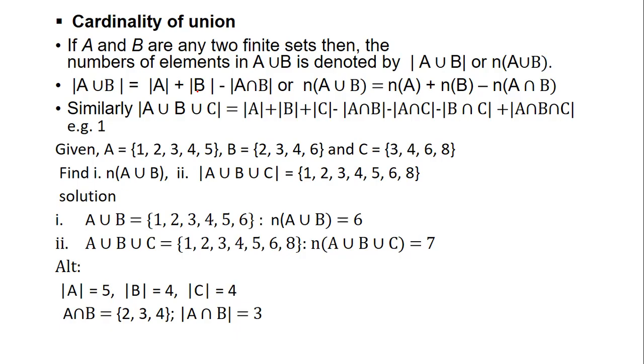Therefore, N of A union B will be equal to the number of A plus the number of B minus the number of A intersection B. That is if you are using this formula. Now, if you have a text with all the members listed, then you can first find the union between A and B, and then count the number of elements that you have got. The same thing.